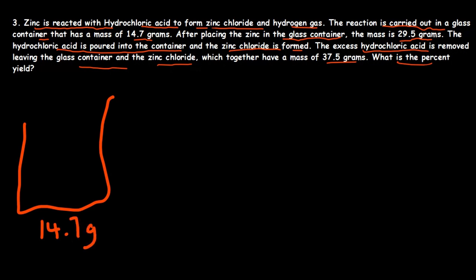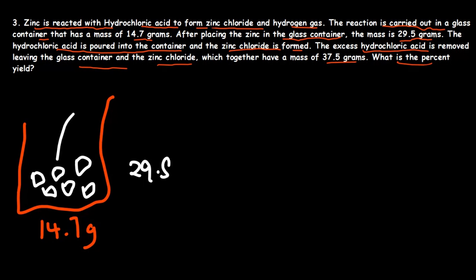And then after they add zinc, let's say this is our zinc, the mass now becomes 29.5 grams. Meaning the weight of this zinc that they are adding plus the initial 14.7 is now taking us to this mass here.